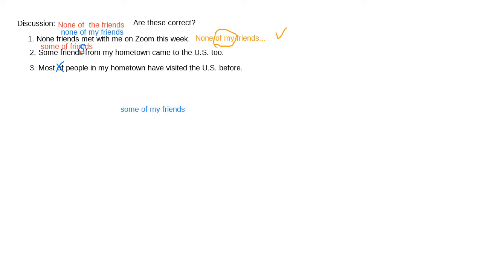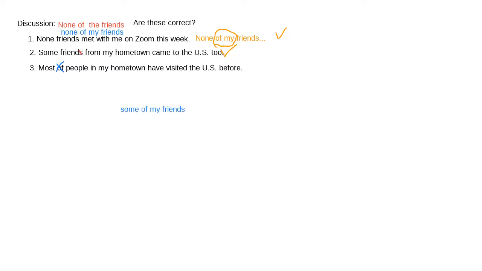Number two, some friends. Some friends is actually okay. So it was correct how it was. We cannot say some of friends because we have to use another word after of, like some of my friends, some of the friends. It's kind of like in number one.